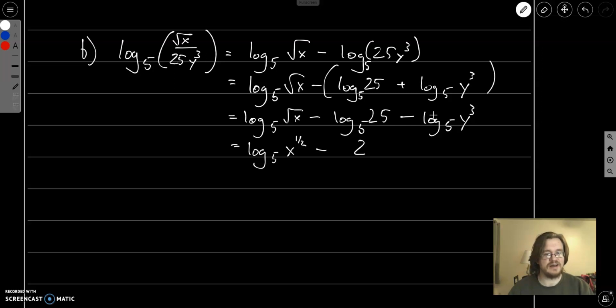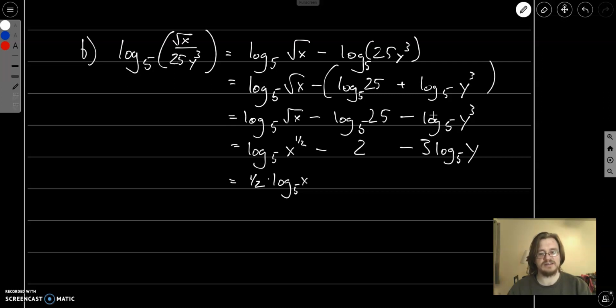And then lastly over here, we're going to subtract log base 5 of y cubed. But here I have an exponent, so I can bring that guy out front to say I have 3 times log base 5 of y. And then the only thing left here is I have another exponent out front, so this is going to be 1/2 times log base 5 of x.